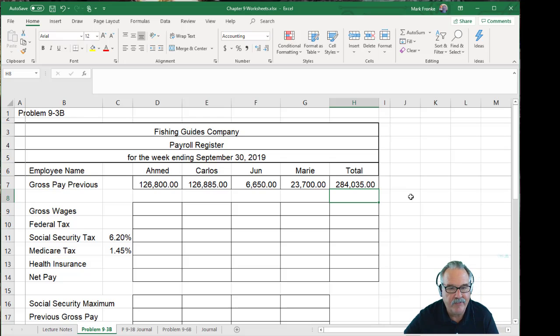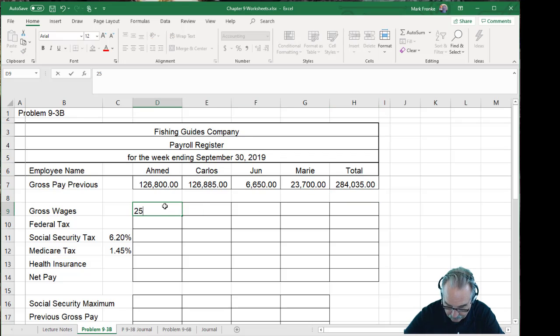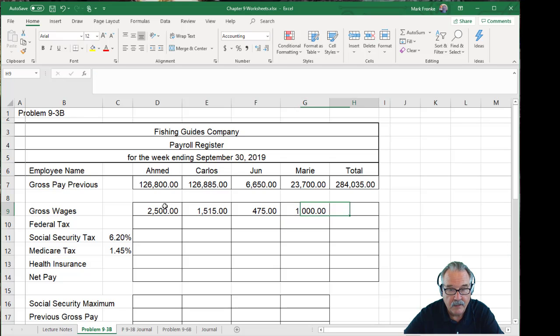So once they reach that threshold, we won't have to take any more Social Security tax out of their pay. But for June and Marie, they're not going to reach it, certainly not in this pay period, because our gross wages for Ahmed is $2,500, for Carlos $1,515, for June $475, and for Marie $1,000. So we'll total that up, and let's first focus on Ahmed.